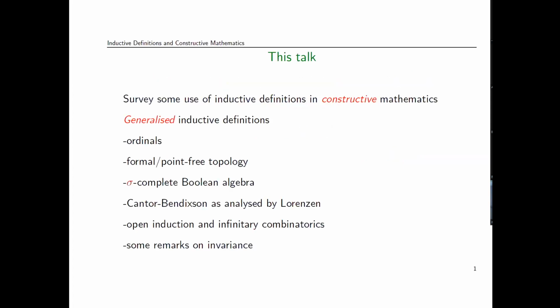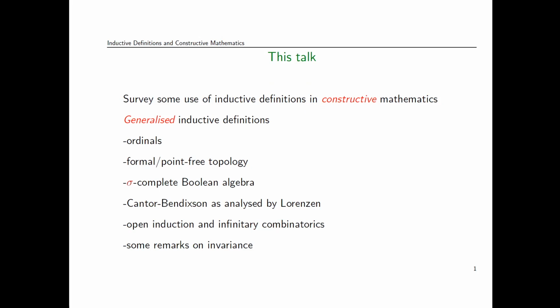So in this talk, I will survey some uses of inductive definitions in constructive mathematics, and I will talk about generalized inductive definitions. I will try to connect some of the examples with what Laura presented yesterday and what Mark talked about.